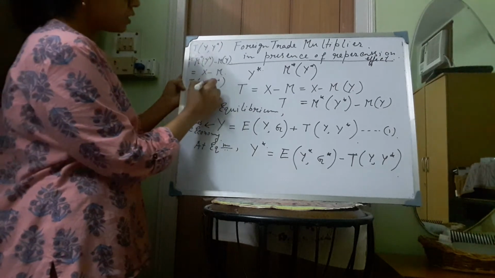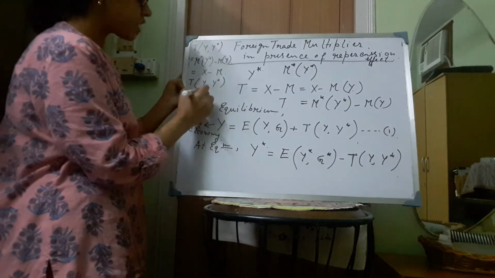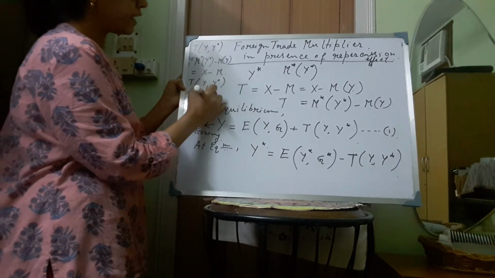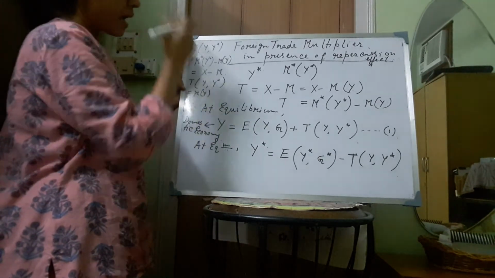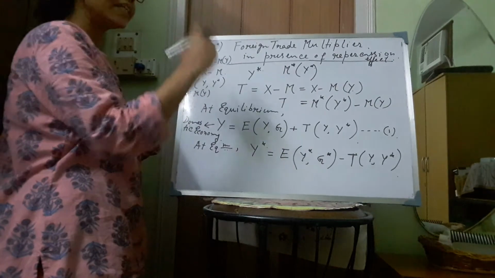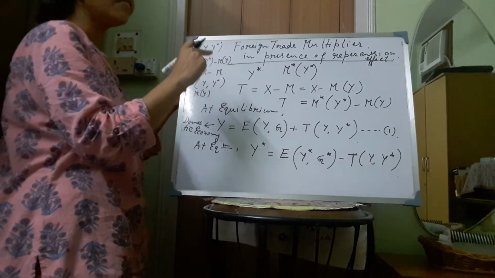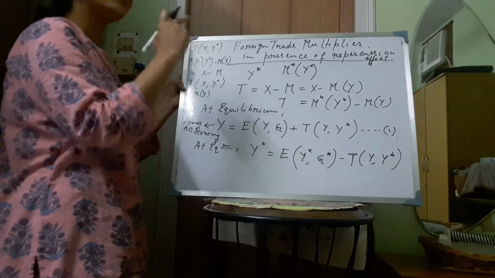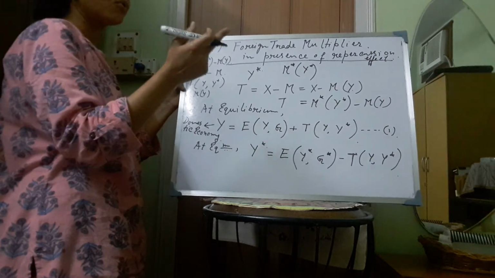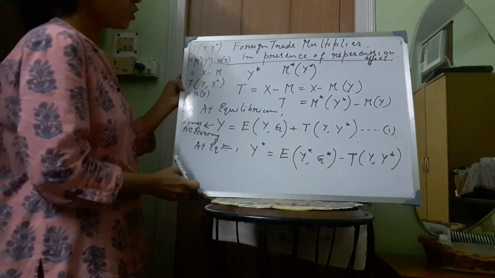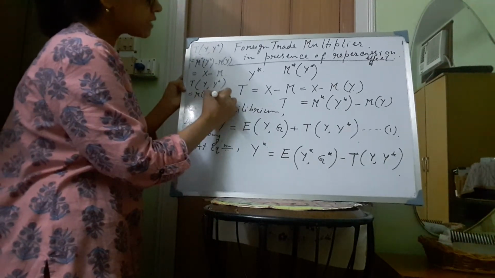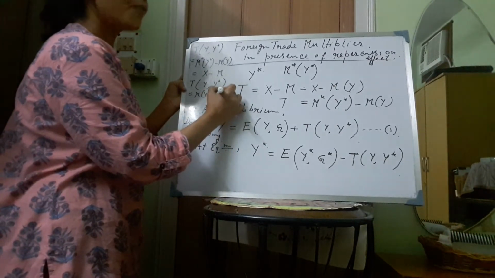Therefore the foreign country's export can be denoted by MY, where Y is the income of the domestic country, and then export minus import of the foreign country. Now the foreign country's import is our country's export. So we are exporting to the foreign country, and that is the foreign country's import.